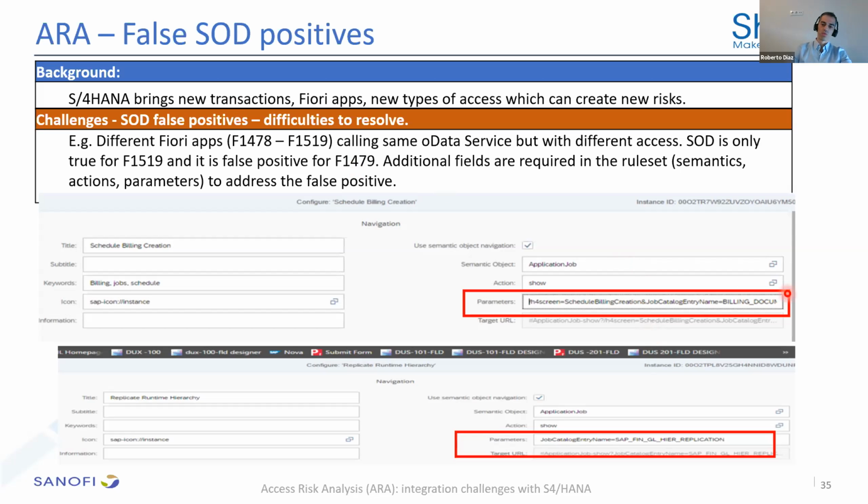And what we are missing here is more parameters in the rule set to look deeper. So if we had more fields in the rule set, like semantic objects, actions, or parameters, we would be able to clean up this false positive. It's not that critical for us because in the end we are detecting a risk. It's not that we are not detecting, but this is a false positive.